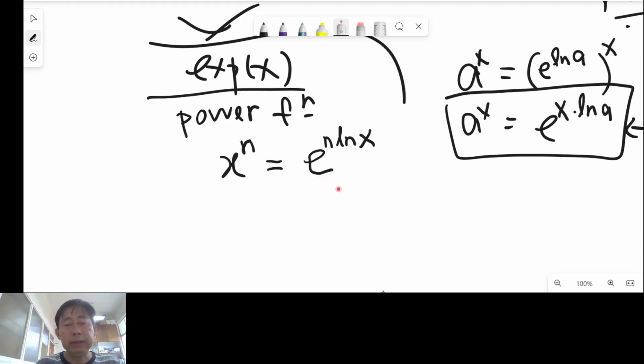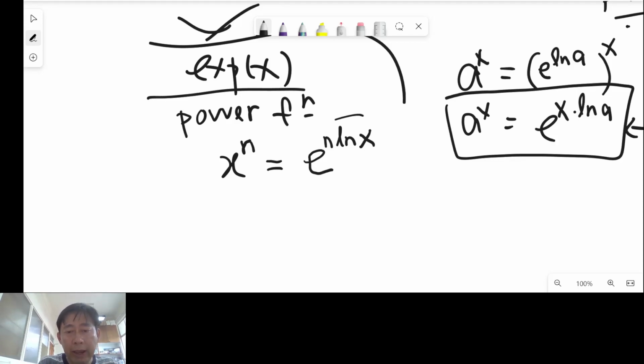Now this could be easily seen to be the case if you look at it more carefully. Now this is indeed equal to this. How do you see that? Let's try to see this: x power n is equal to e power n ln x.